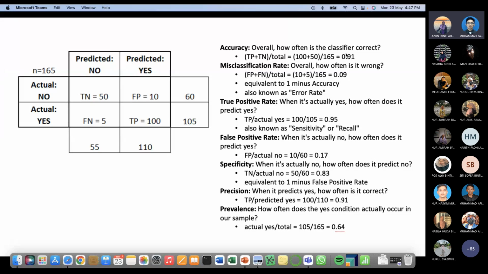For true positive rate, okay, true positive, you tengok kat situ, maknanya actual yes, predicted yes kan. So 100 over 105. Kenapa 105? Because kita nak tengok true positive rate tau. Maknanya number of actual yes yang you ada. Okay, so ini dipanggil juga sebagai sensitivity ataupun sometimes people call it recall.